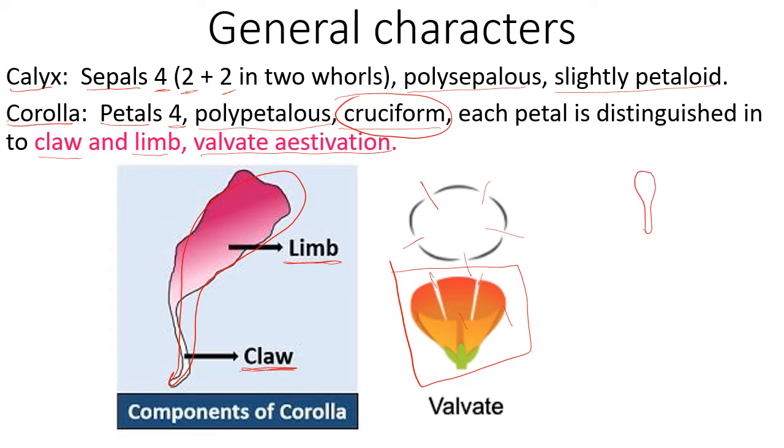This is one, opposite to that is another, then this is another, and opposite to that another structure is there, and they are in front of each other, arranged in crosswise manner, and this kind of corolla is called a cruciform corolla.